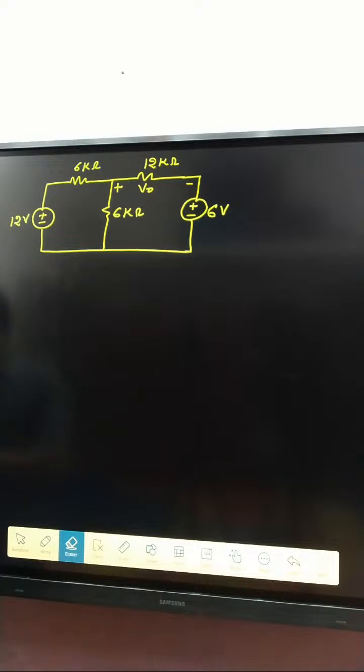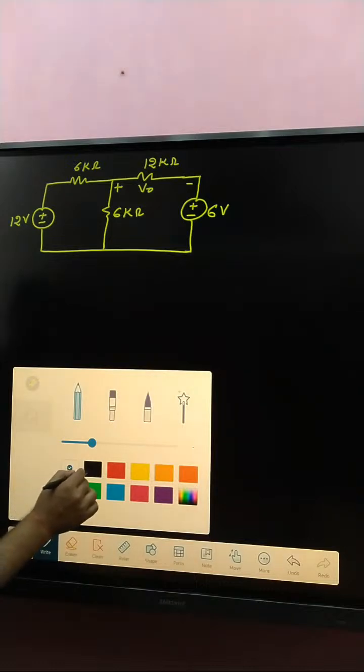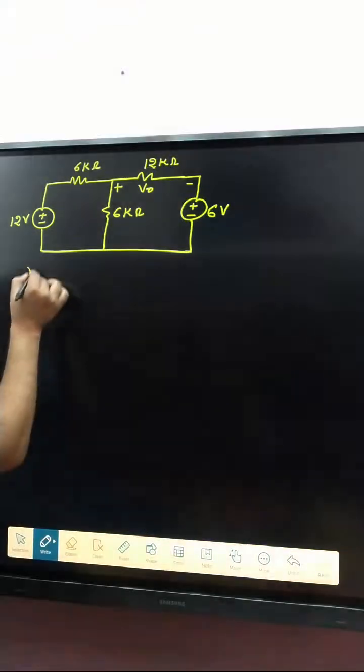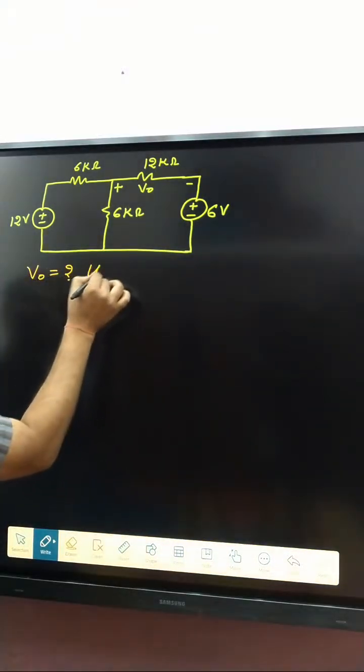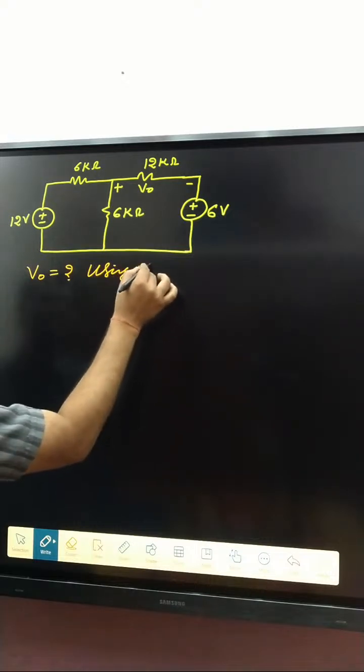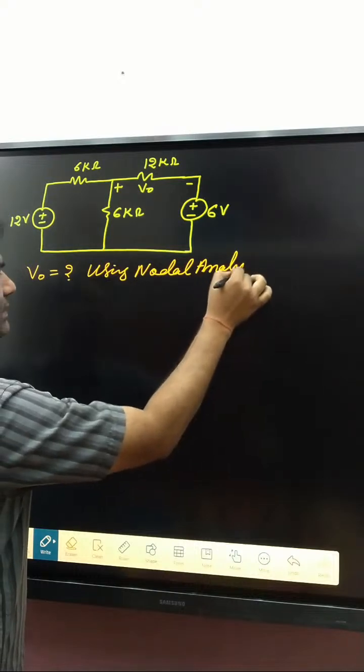So what about V naught? Simply determine V naught with the help of nodal analysis. Okay.